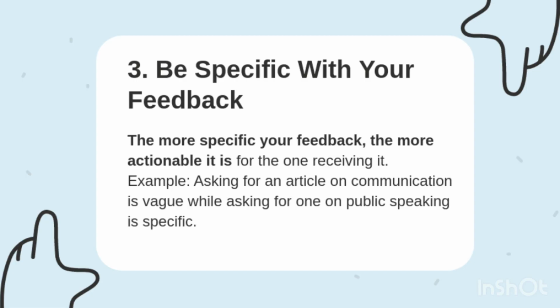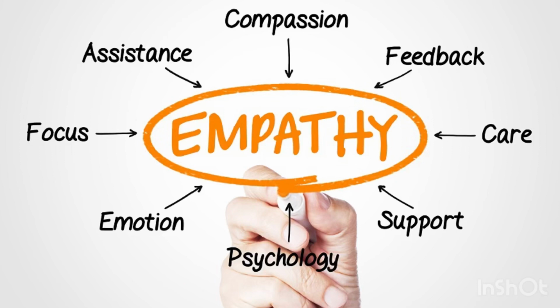Specific. Okay, be clear and specific about which areas need to improve and how they could do so. Okay, it is really important to be specific and try not to confuse students. Empathic toward their concerns.